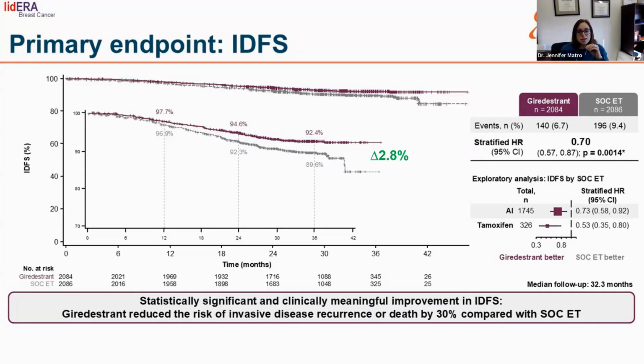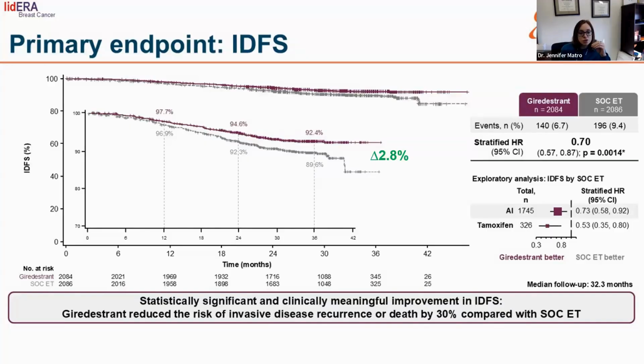So what we're seeing is, what is the chance of being free from progression or free from a recurrence? And so as time goes on, which is the x-axis, we have time, 6, 12, 18 months. And then this is percentage on the y-axis.